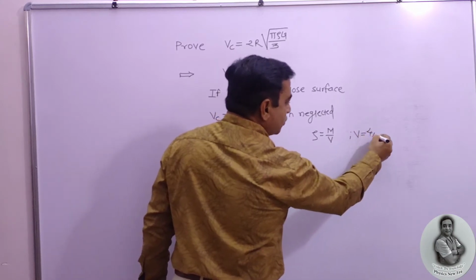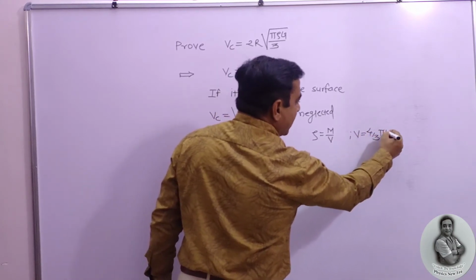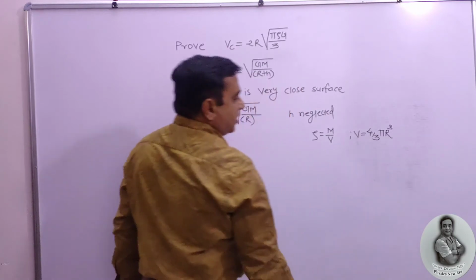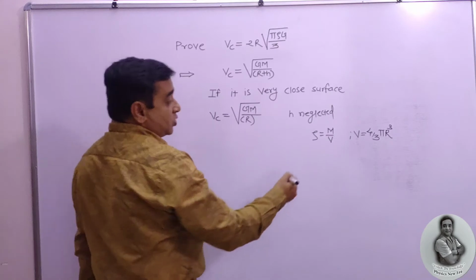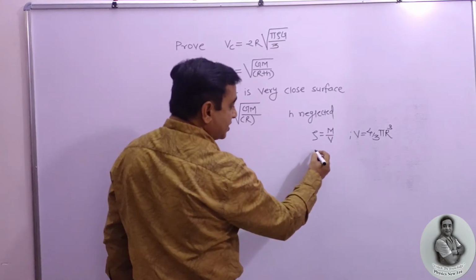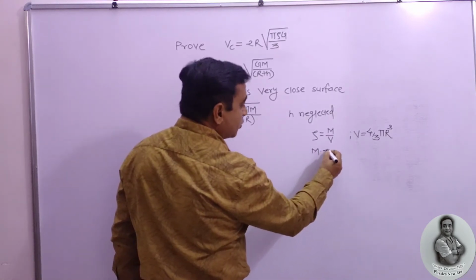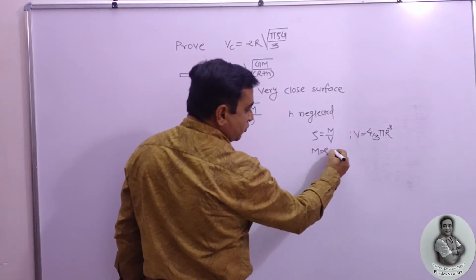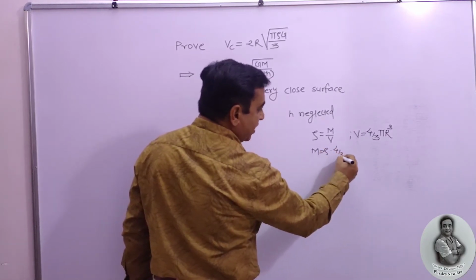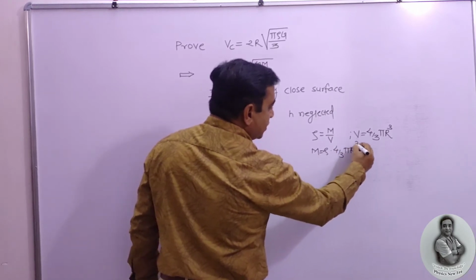So volume is equal to 4 by 3 pi R cube, if R is the radius of that planet. So M is equal to rho into volume, that is 4 by 3 pi R cube.